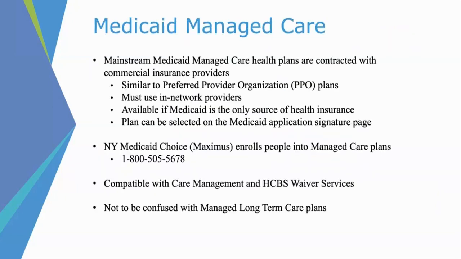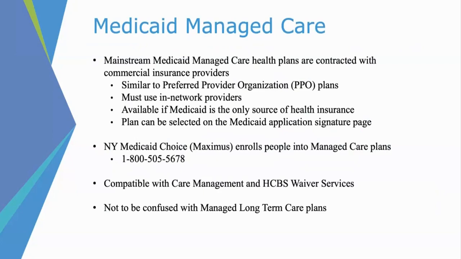Medicaid and managed care. It is possible to have certain types of managed care plans. Mainstream Medicaid managed care health plans are contracted with commercial insurance providers. They're similar to preferred provider organization, PPO, plans. You must use in-network providers, and they're available if Medicaid is the only source of health insurance. A plan can be selected on the Medicaid application signature page.